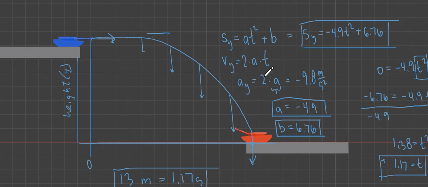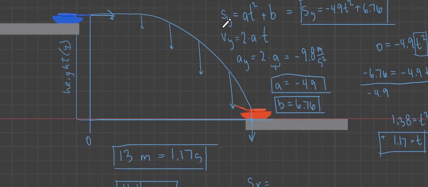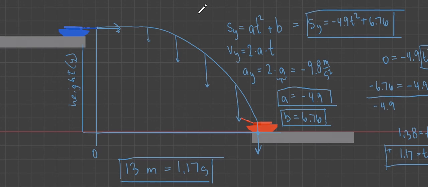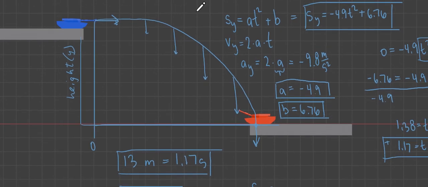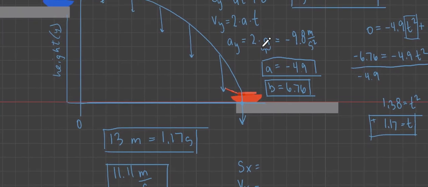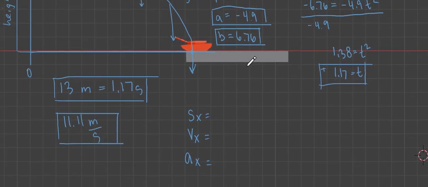In this example, we're just going to assume that there's no wind speed that's going to affect it in such a great amount that it has an effect on the values.